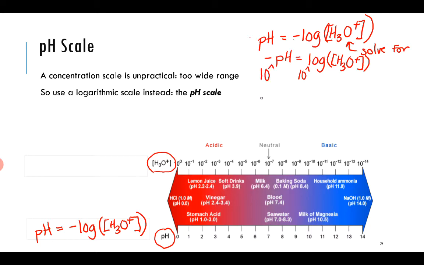And so 10 to the minus pH is equal to, that's a log base 10, so the log will cancel out, and then I'll be left with my H3O plus.